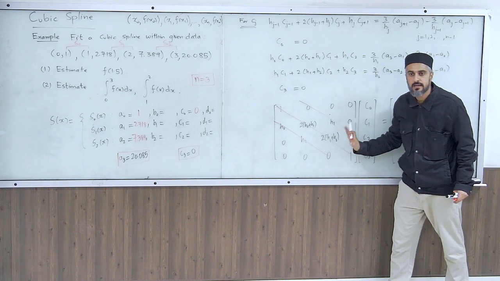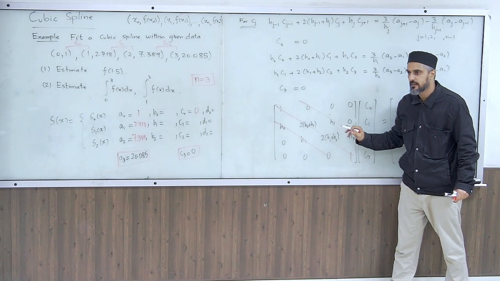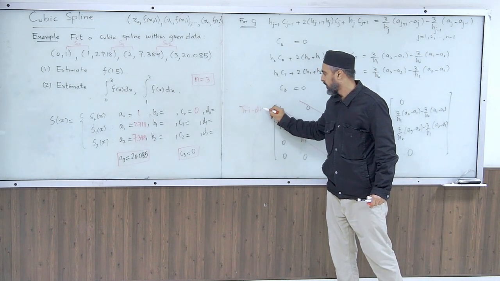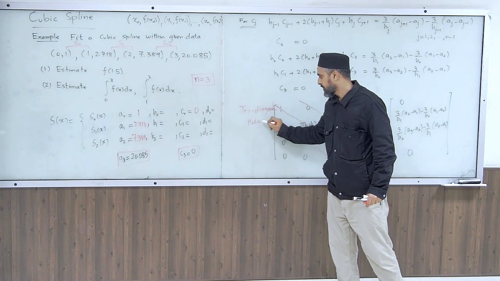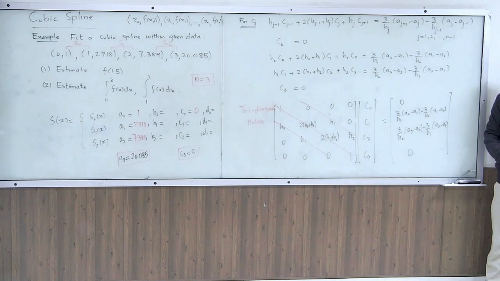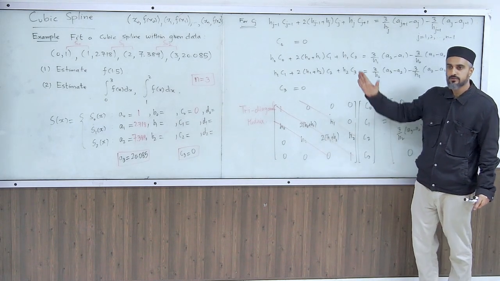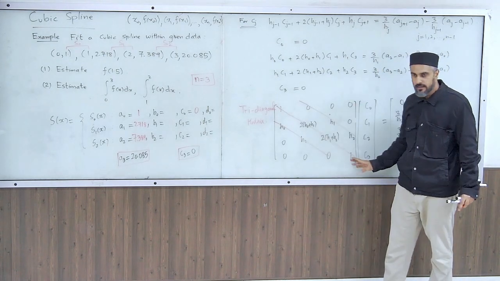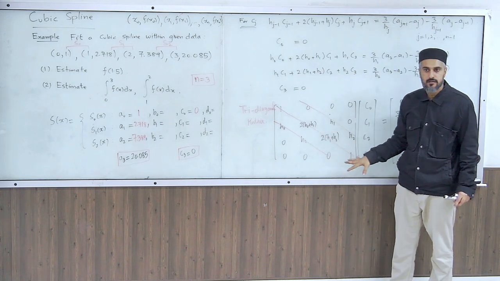This is called a tri-diagonal matrix. So what is a diagonal matrix? One with non-zero entries only on the main diagonal. What is a tri-diagonal? The non-zero entries are only on the main diagonal and the adjacent diagonals to the main diagonal. That is a tri-diagonal matrix.